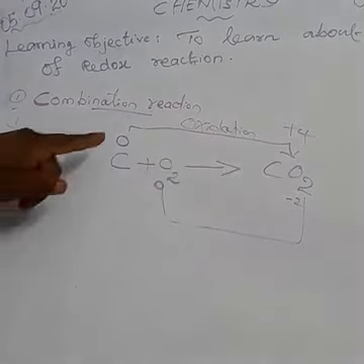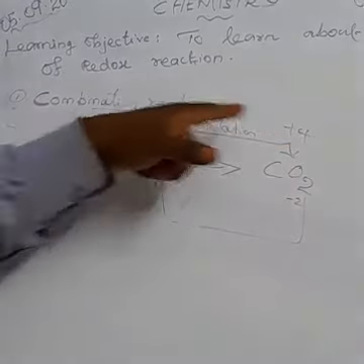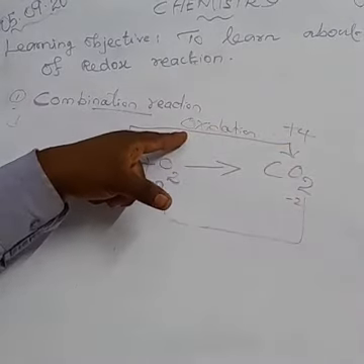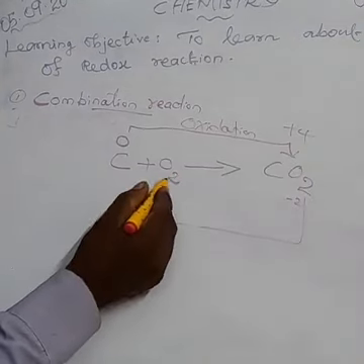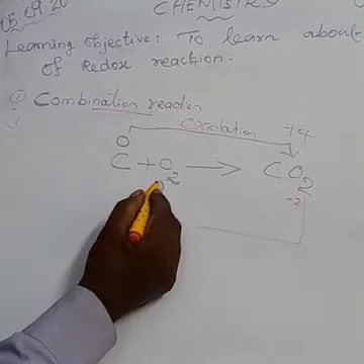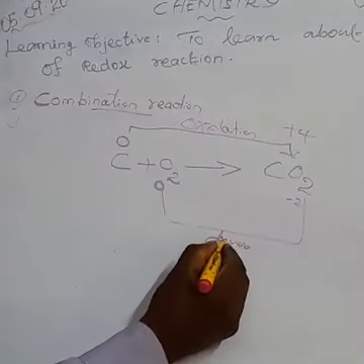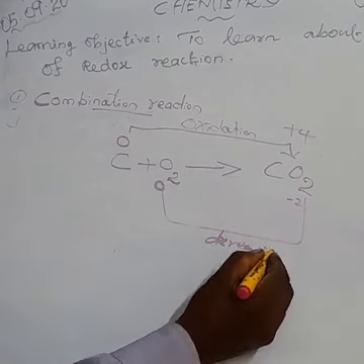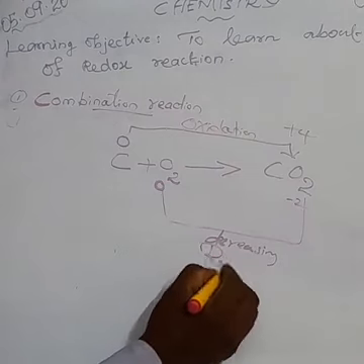Here the value is 0, here it is plus 4. Now it is increasing, so it is called an oxidation reaction. First one, oxidation. Next, here oxygen has 0, here it has -2. That means the level is decreasing. Am I right? Decreasing is called what? Reduction.